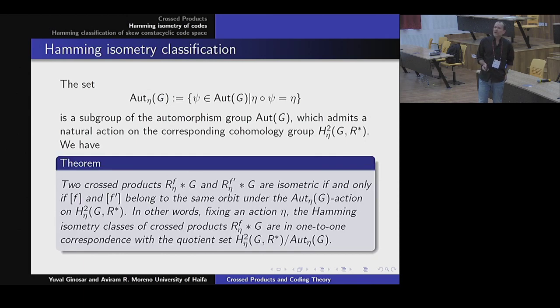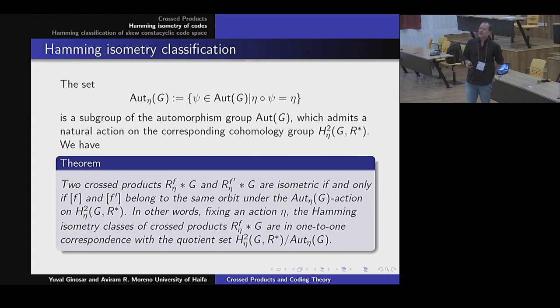The theorem is as follows: two cross products with the same group G, same ring R, same action, different two-cocycles, are isometric, or in other words graded equivalent as R-modules, if and only if the cohomology classes of f and f' belong to the same orbit under this action of Aut_eta(G) on the cohomology group.